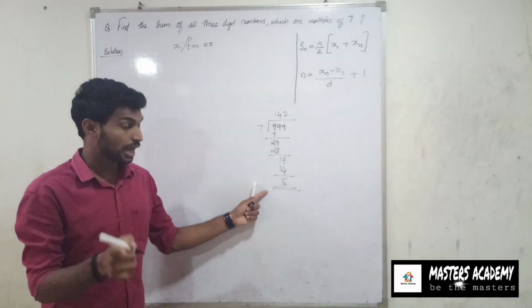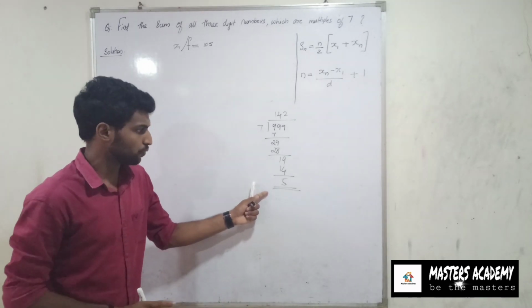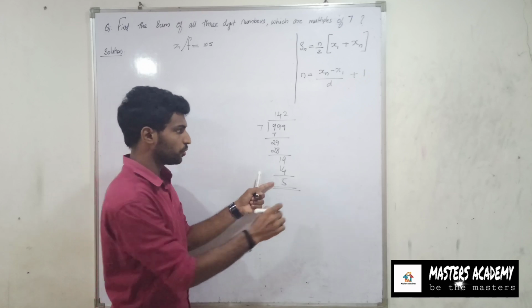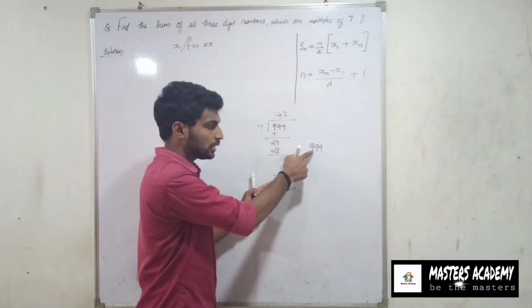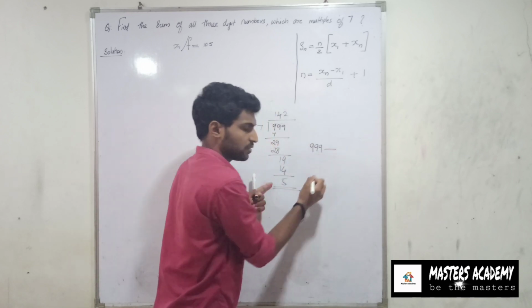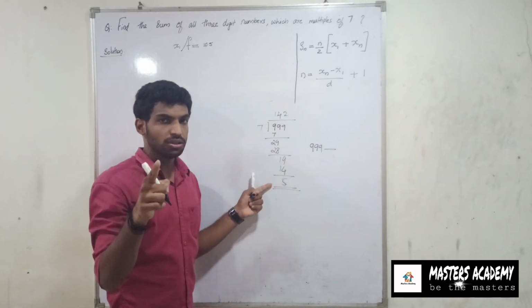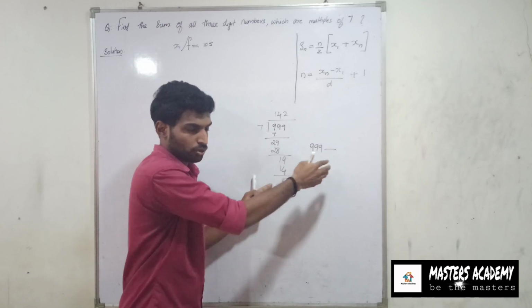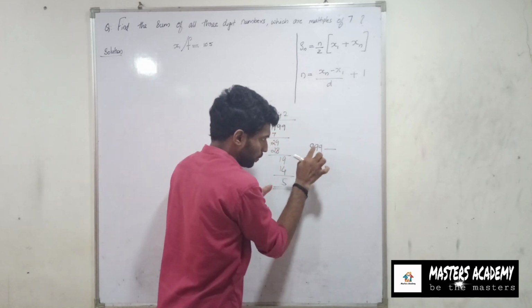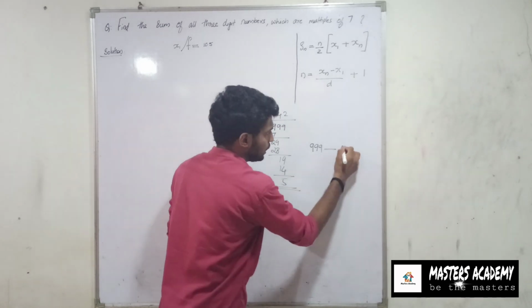So in order to find the last term, there is a different equation. Listen carefully. To find the first term we add, but to find the last 3-digit number we have to deduct or subtract directly the remainder.